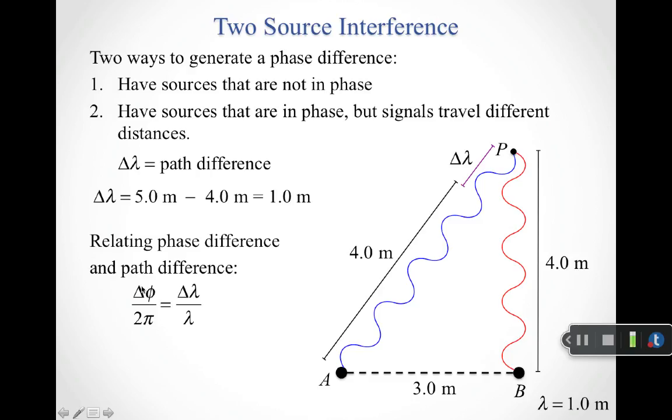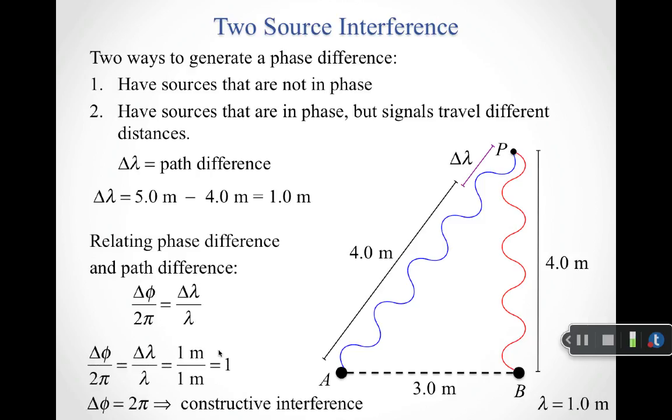What's important here is, again, phase is measured in radians. So I'm saying 2 pi radians takes me all the way around the circle. So what I'm interested in is the phase difference as what fraction of all the way around the circle. That ratio is going to be the same as the path difference over the wavelength itself.